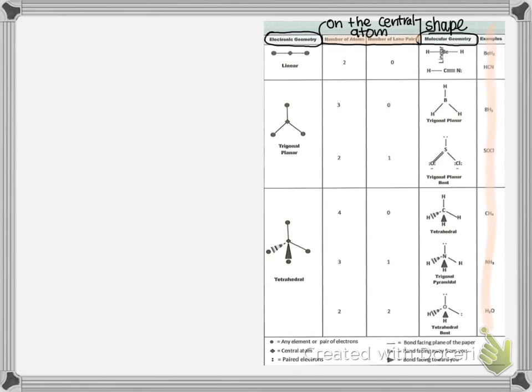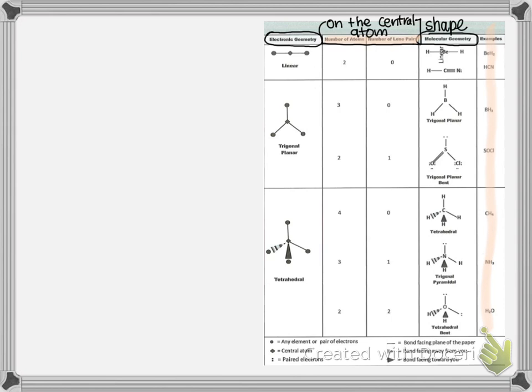All right, so I'm going to use some of the examples that we had in our Lewis structure lesson. So if you want to know how I'm getting these Lewis structures, then go back and watch the video on Lewis structures, or you can try to do them yourself.